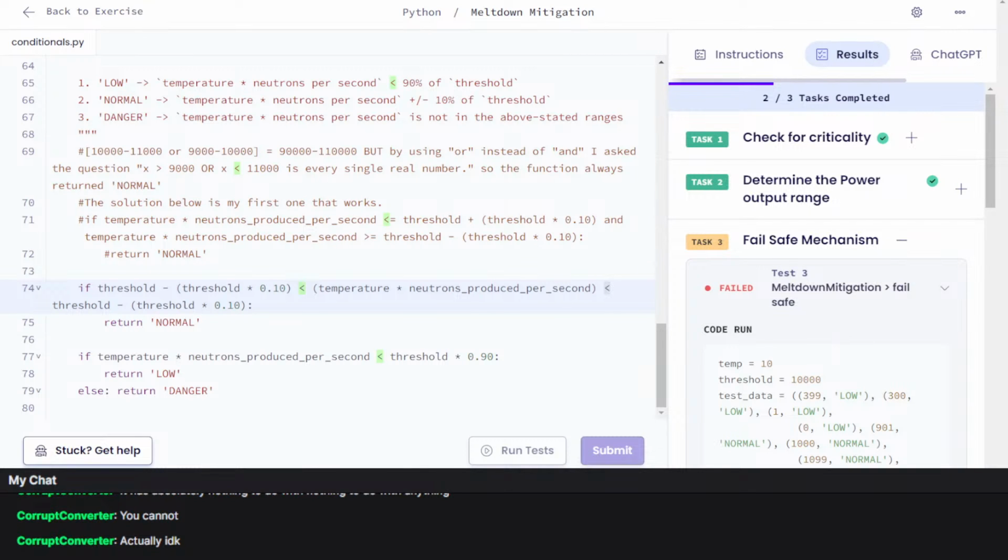Corrupt Converter says you cannot. I don't know, this doesn't seem like it would run. Corrupt Converter says maybe Python lets you. Okay, he was saying Python does, but it's not returning what it should return, so I'm thinking maybe not? I don't know.